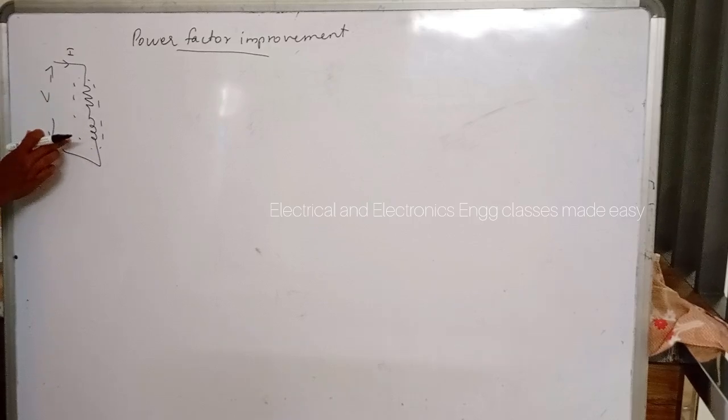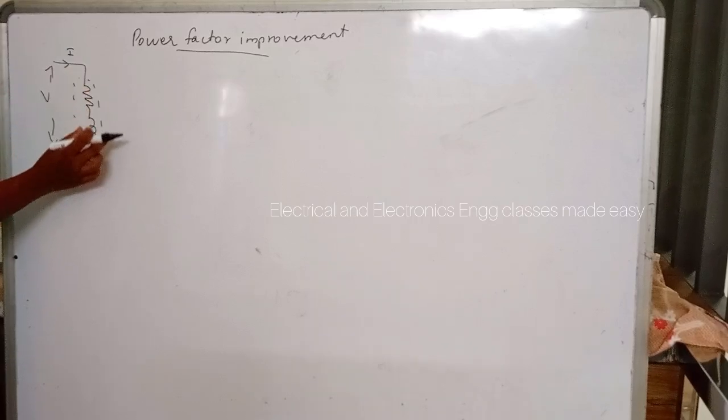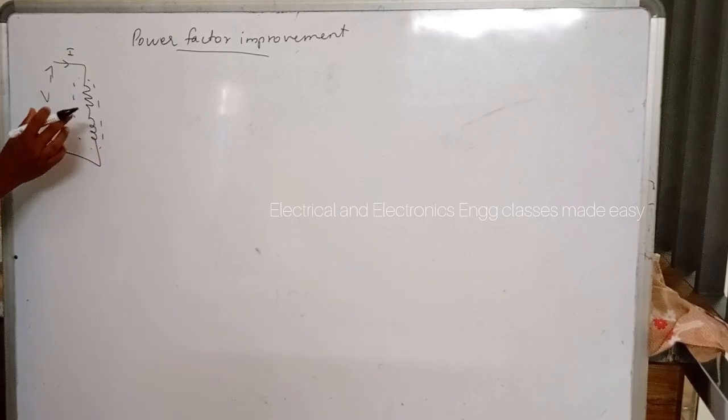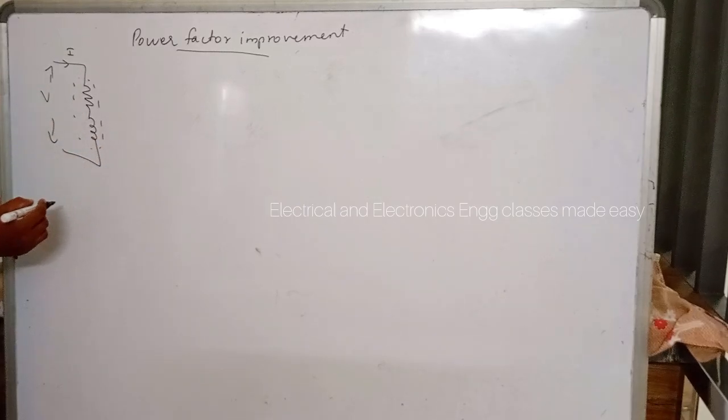So in order to improve the power factor, some device taking the leading power factor should be connected in parallel with the load. One such device can be a capacitor.